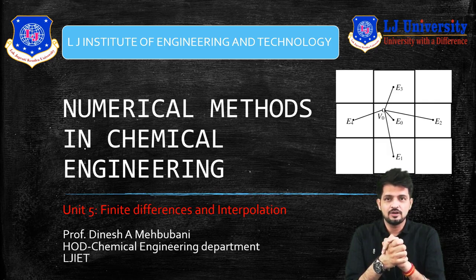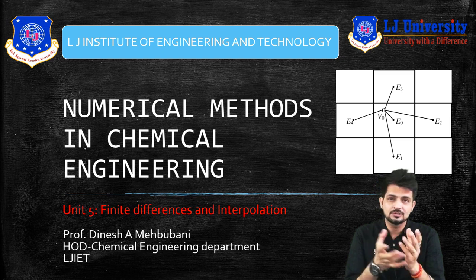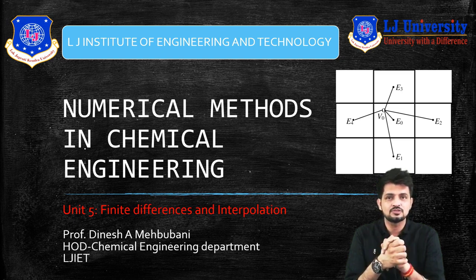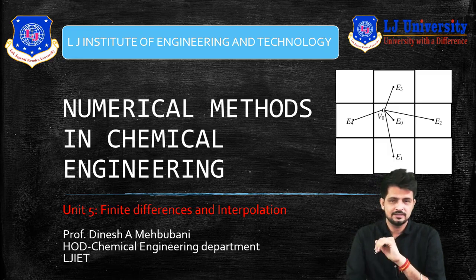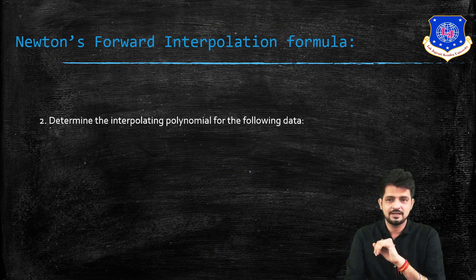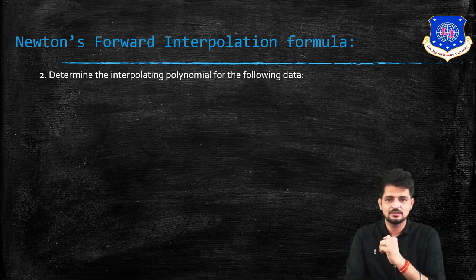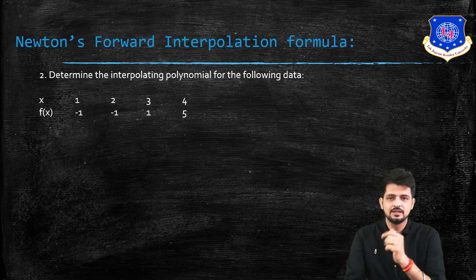We have already studied the theory of Newton's forward interpolation and we have also solved one numerical on the basis of that. In today's lecture, we will solve one more numerical on Newton's forward interpolation and then we will start Newton's backward interpolation. So let us take one more example on the basis of Newton's forward interpolation.